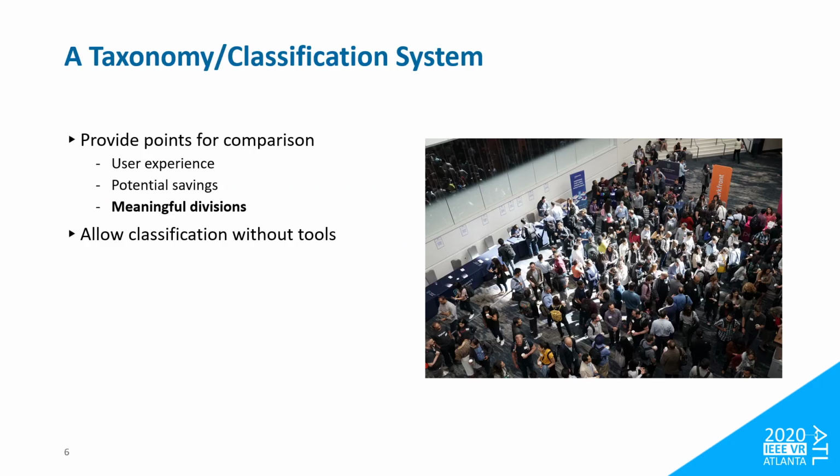Now that we understand what foveated displays are and some of the benefits that might come from them, what are the objectives of this classification system we're proposing? First, we want to create meaningful divisions of the possible design space. We also want something easy for a user to classify in a busy exhibition hall when only given a few minutes to evaluate a display.